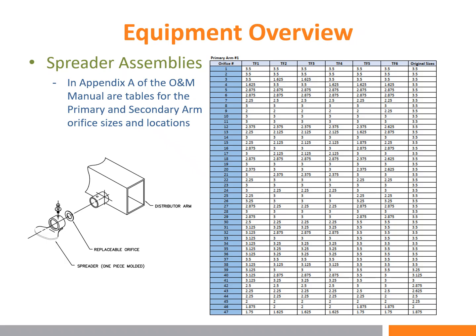So in the diagram shown, this is our discharge port, and for the sake of discussion, the table to the right is for primary arm number 1, which has discharge ports that we talked about, numbered from 1 out at the tip through 47 near the center barrel.